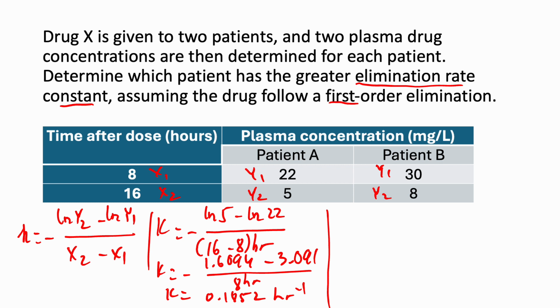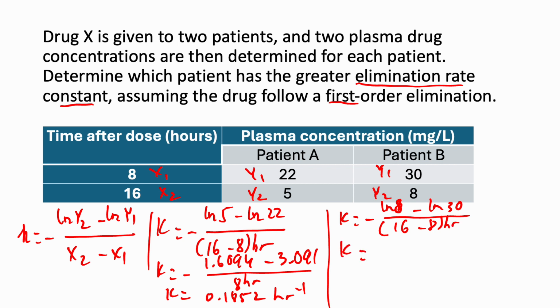Now for patient B, K is equal to the negative value of natural log of y2, 8, minus natural log of y1, 30, divided by 16 minus 8 hours.